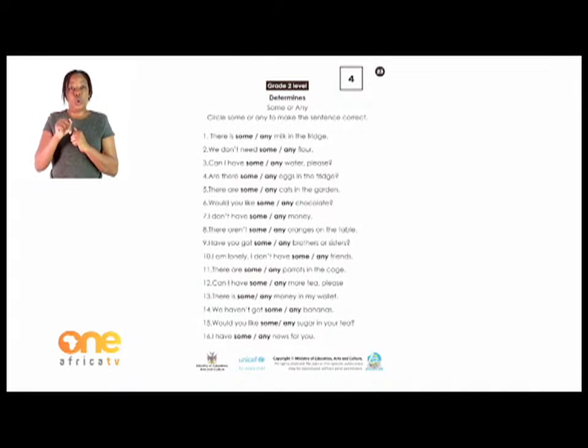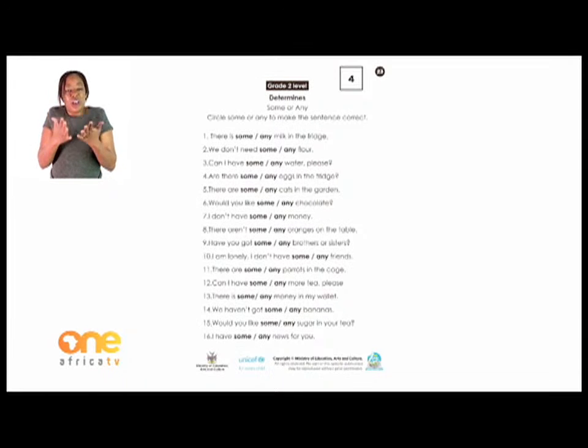You are going to circle some or any to make the sentence correct. Now, before we do that, how will you know which word is the correct one to circle to make my sentences correct?